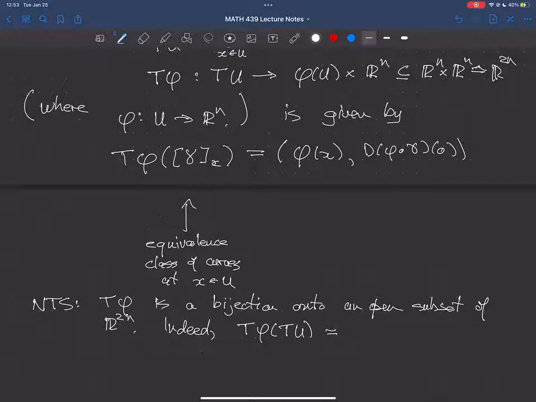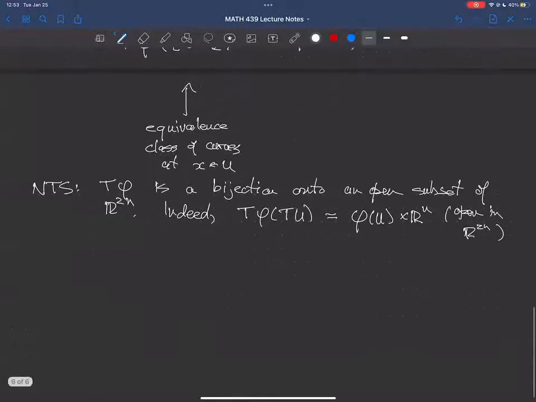And the image of T phi is simply going to be phi of U cross Rn, and this is an open subset in R2n. Okay, so first the image is that.